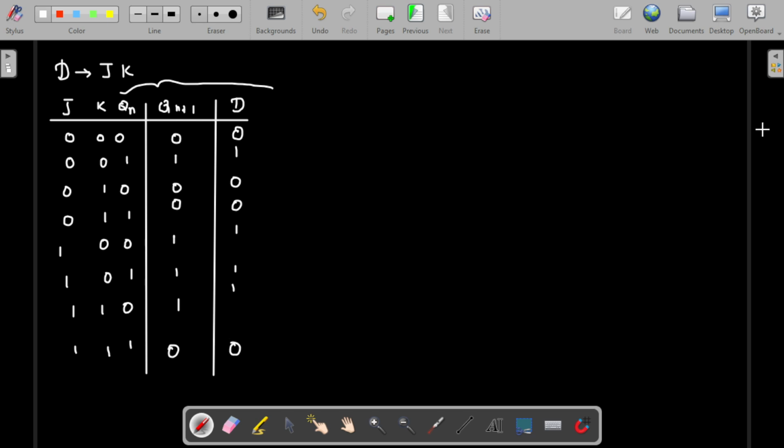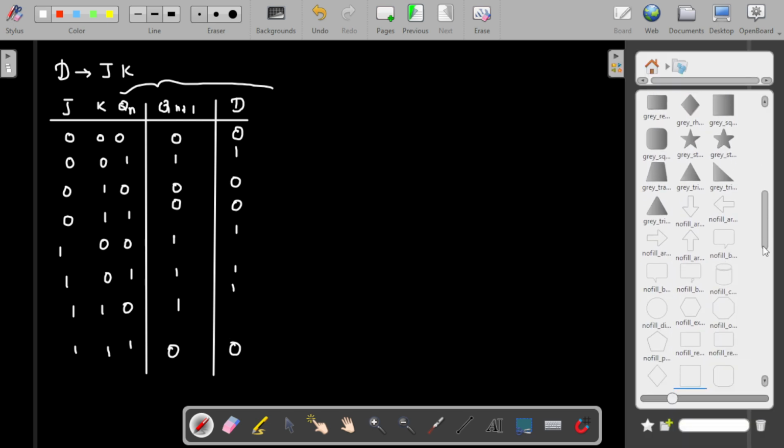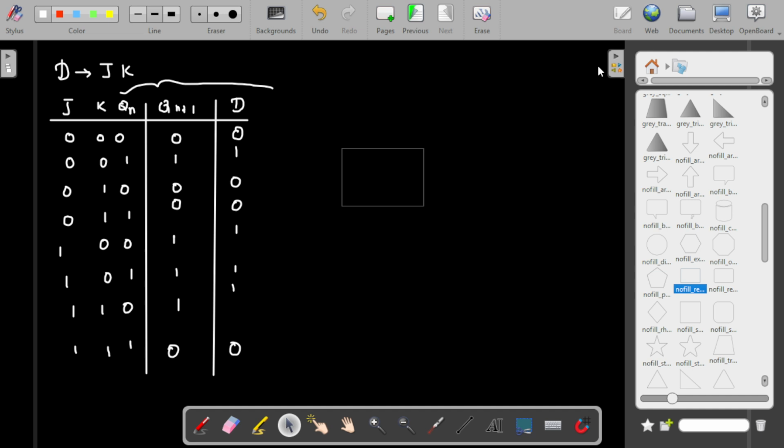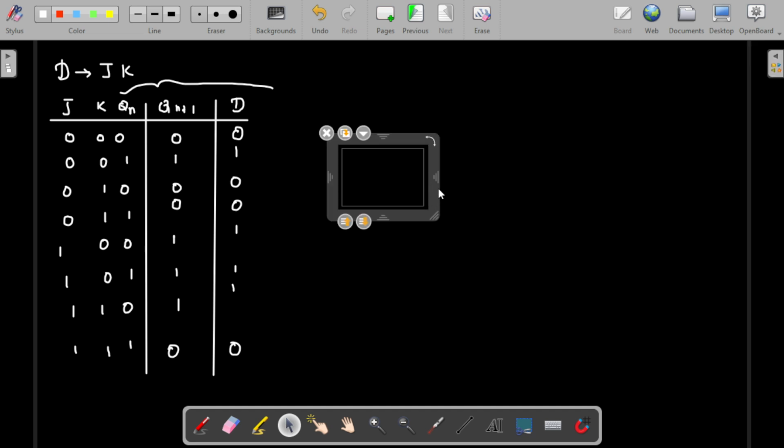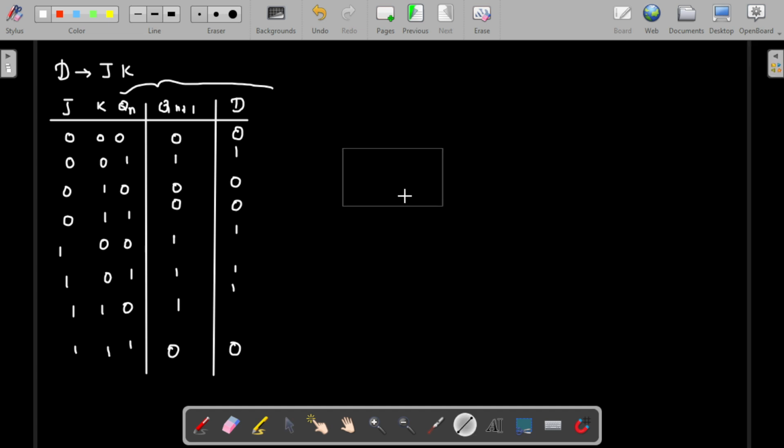If we write the characteristic equation K map here, let me do the K map. With cells 2, 4, 6 and 8, J K Qn.